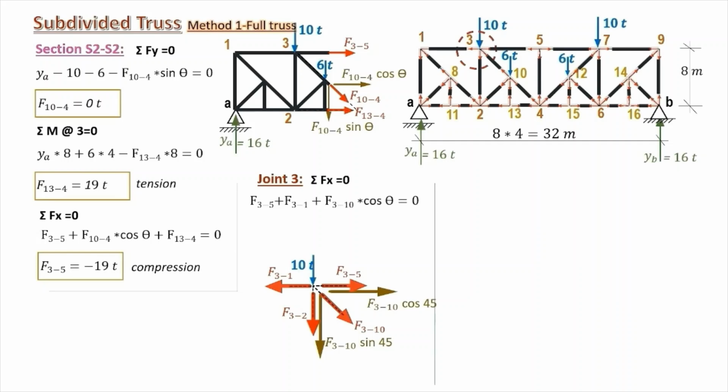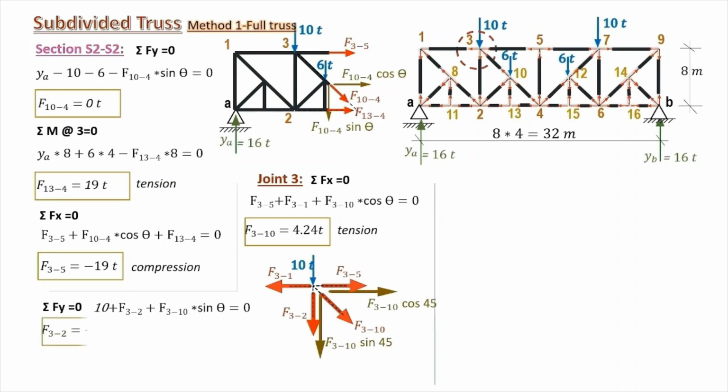F3.5 appears in the equation, F3.1, and the component of F3.10. F3.5 and F3.1 are previously computed, and we are left with the force in 3.10 to be 4.24 tons tension force. Taking now the forces in the y direction equals 0, we can get that the force in 3.2 equals minus 13 tons.